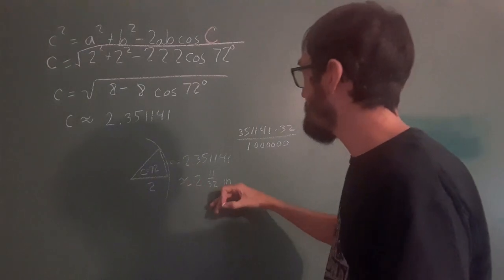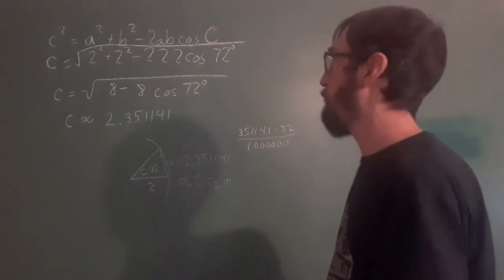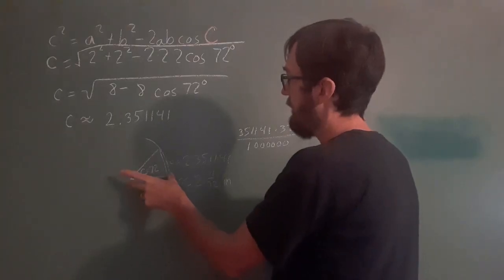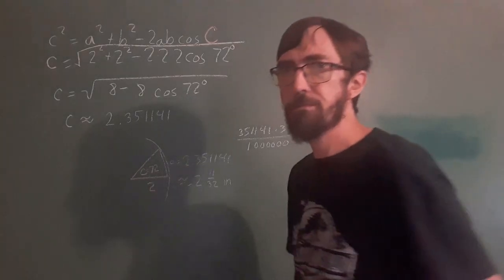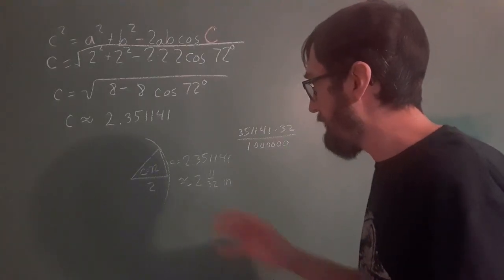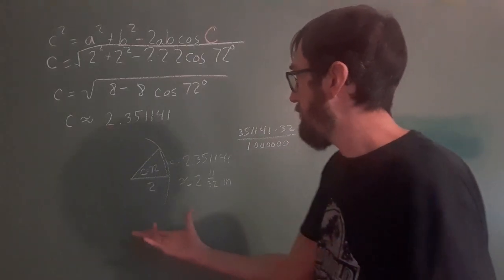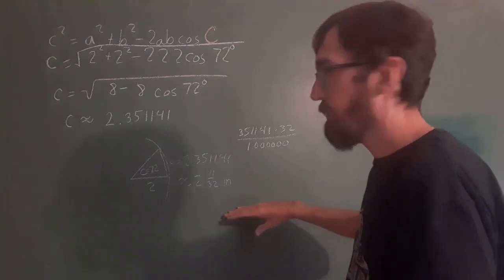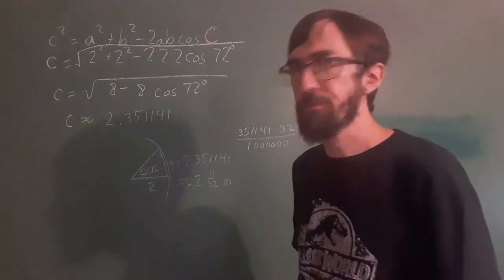And I'm labeling this as inch here now because our given was 2 inches between the hub center and the bolt. If we had been given that this was 2 decimeters, then our solution would have been in decimeters.